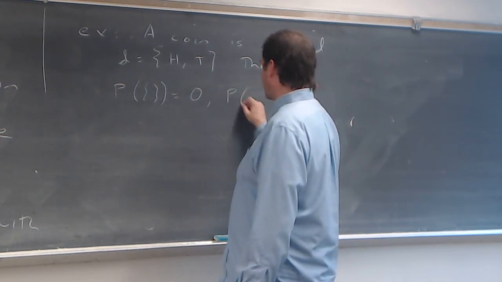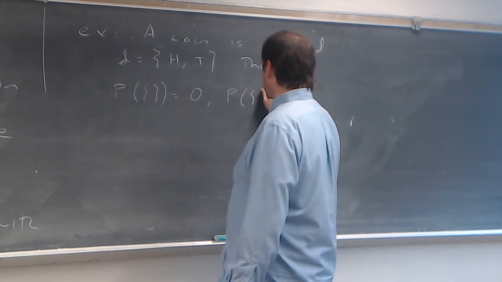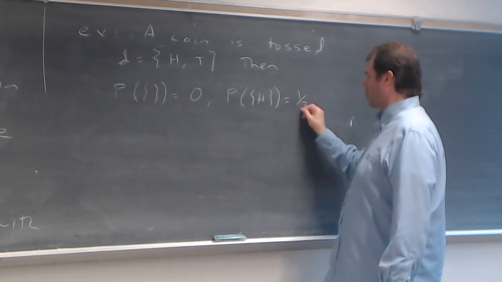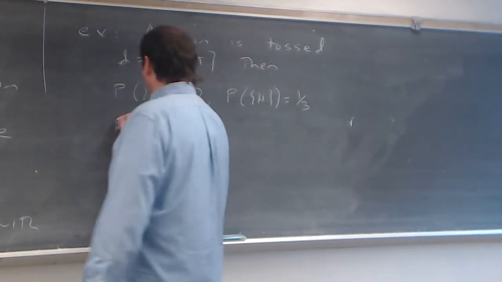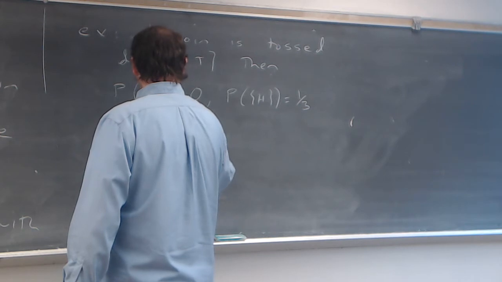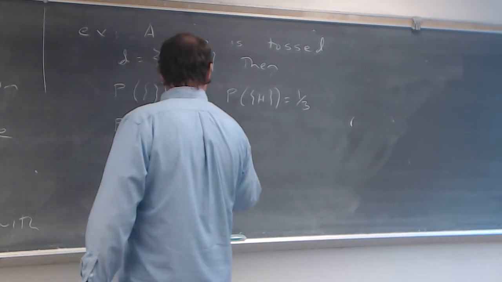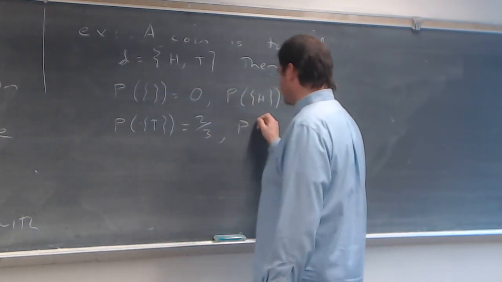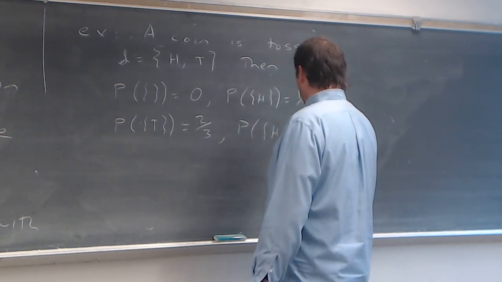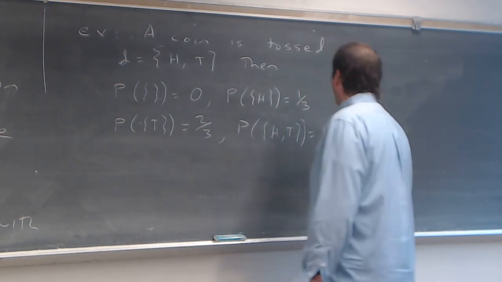The probability of the subset which just contains heads, let's define that to be 1/3. The probability of the subset that contains tails, let's define that to be 2/3. And the probability of heads or tails, let's define that to be 1.